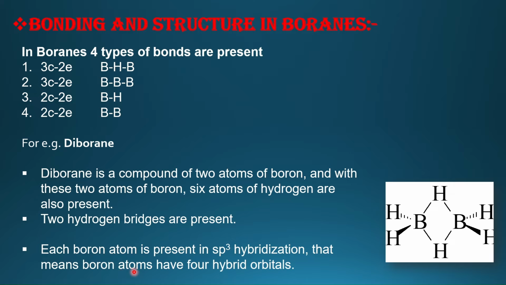That means boron atoms have four hybrid orbitals. This is the structure of diborane, and four hydrogen atoms are present. Two hydrogen bridges are present.